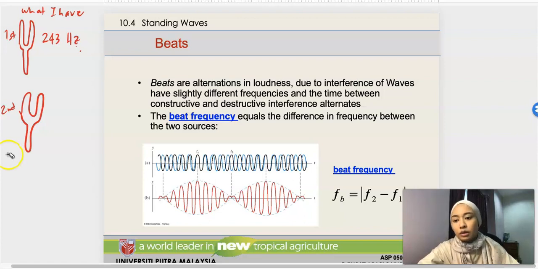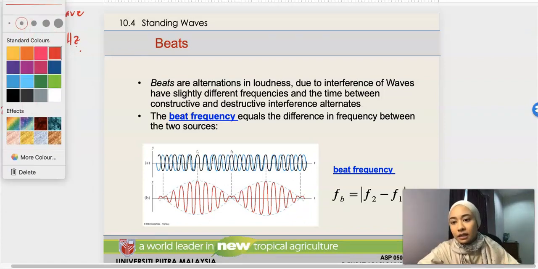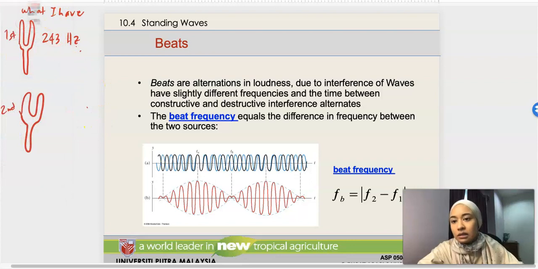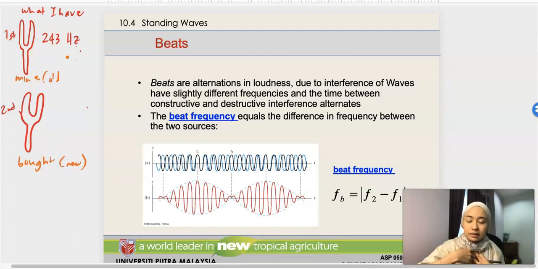This is the one. So I bought a second tuning fork that has a similar frequency. So this is the bought one and this is mine. This is new lah, this is old. I know for sure that my tuning fork that I own is 243 Hz.